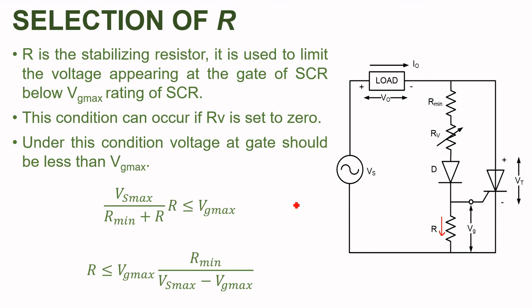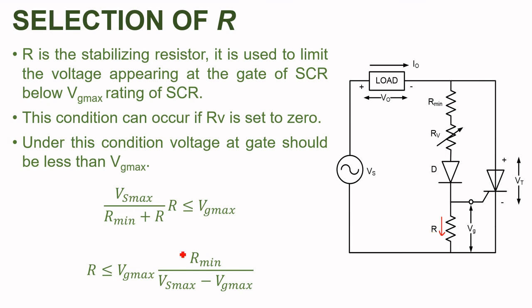So the current flowing through this branch will be equal to Vs max, that is the maximum possible voltage from the source, divided by the value of resistance R minimum and the value of resistance R.